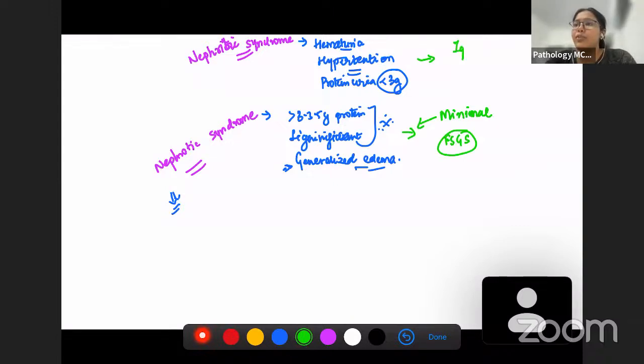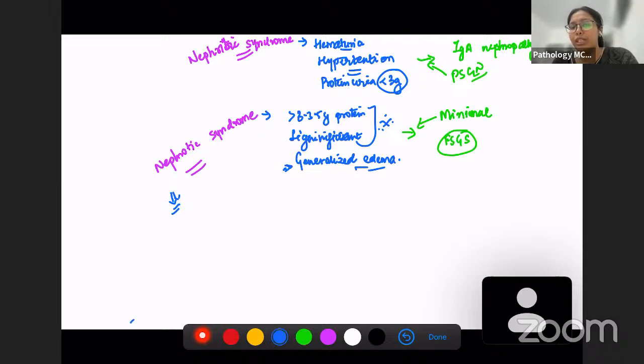Whereas IgA nephropathy and post-streptococcal glomerulonephritis are predominantly associated with nephritic range proteinuria and nephritic syndrome. This will be useful when they give you a clinical case and ask you to identify the condition, and further they might ask you about the pathogenesis and all the pathological features also.